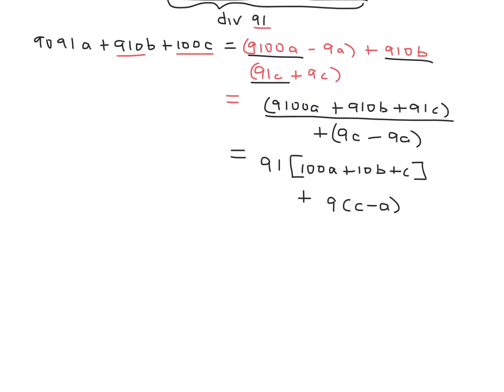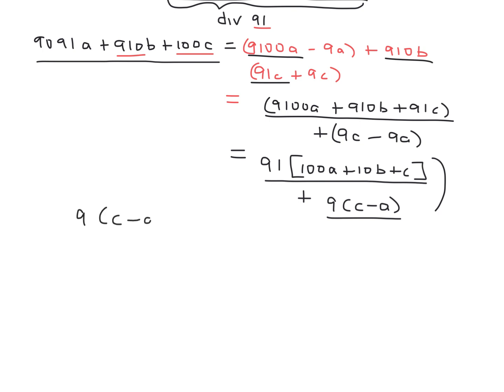So again, going back, we wanted this to be divisible by 91. Well, this is what it's equal to. Well, this is obviously divisible by 91, 91 times something. So therefore, this must be divisible by 91. So now 9 times C minus A must be divisible by 91.